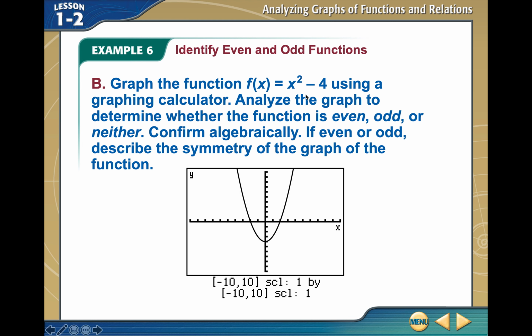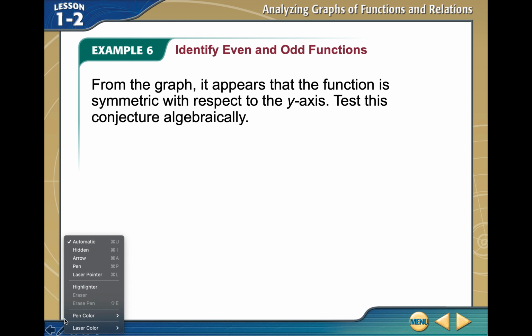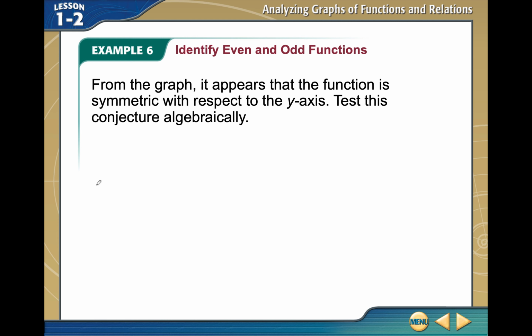We know that the function is f of x equals x squared minus 4. One thing you need to know is that the function is even when f of minus x is exactly equal to f of x.